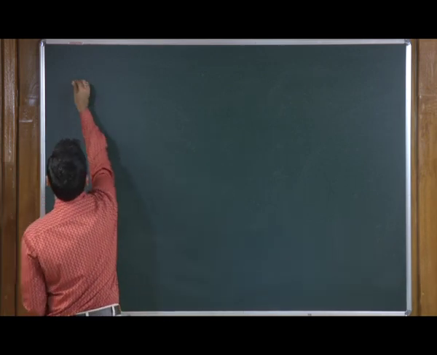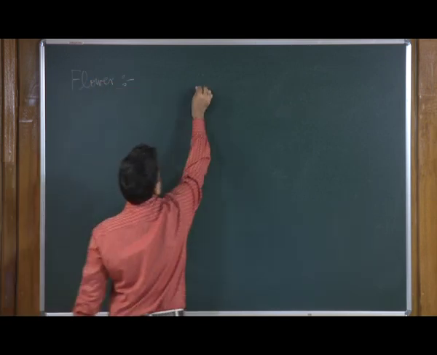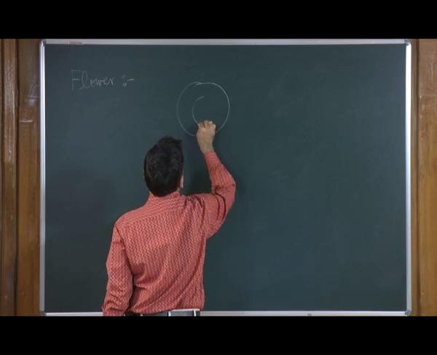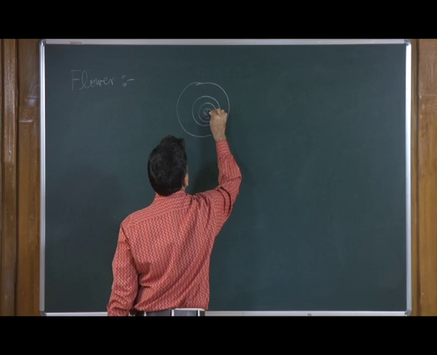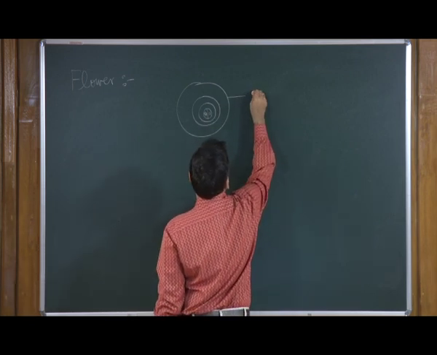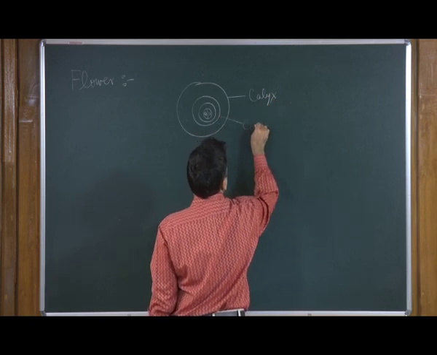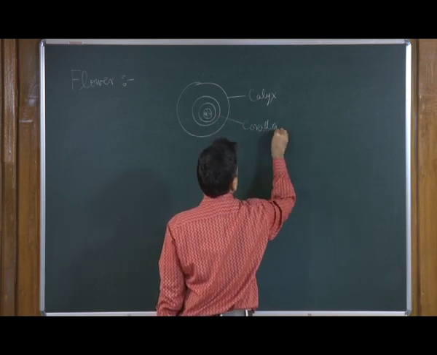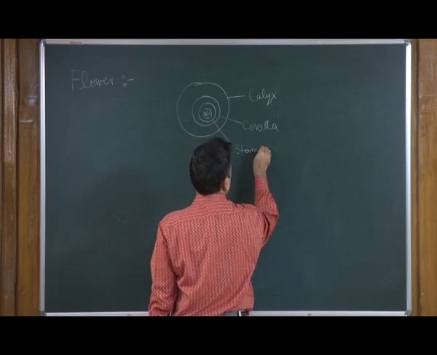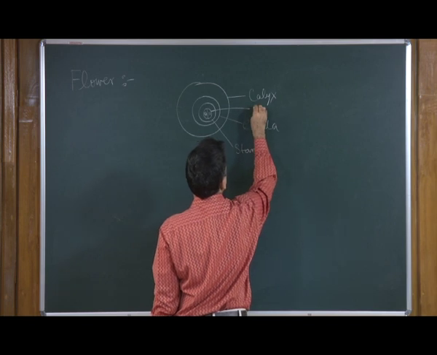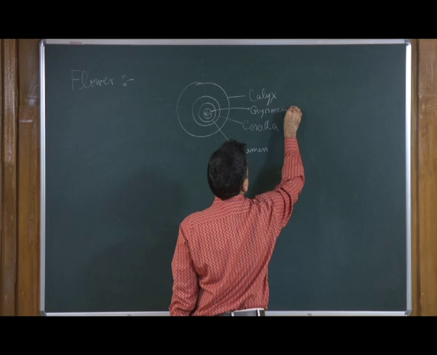So you can see the flower. Okay. So, this is the calyx, corolla, this is the stamen or androecium, and this is the gynoecium.